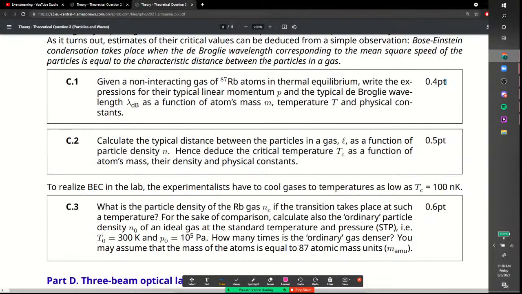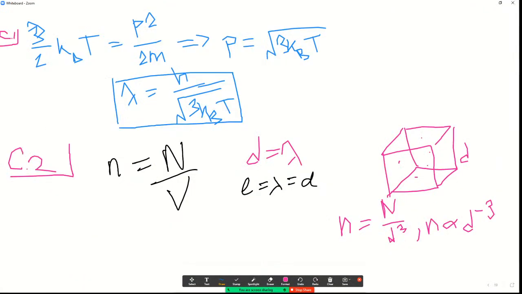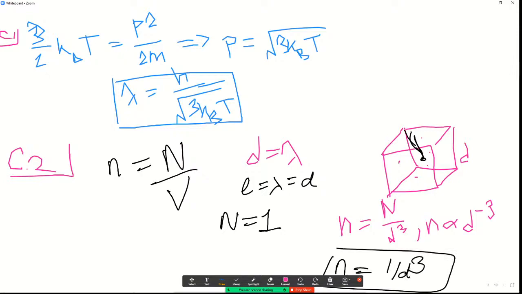Because it's a typical distance, there would only be one or two particles in that box. And the mean free path you first mentioned will also be approximately this only. So by taking N as 1, we can directly get 1 over d cubed.